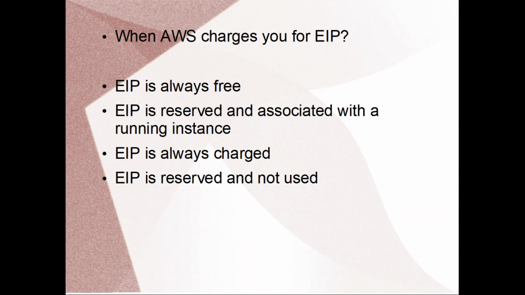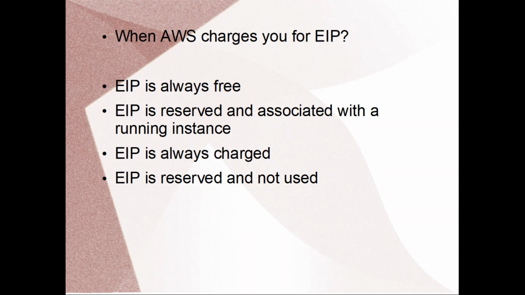EIP thing. AWS doesn't charge you when you are using the EIP. It basically charges you when you are not using the EIP. So the correct answer here is EIP is reserved and not used, and AWS does this on purpose, because if people keep the EIP and don't use it, there will be a lot of static IP addresses reserved with particular accounts.